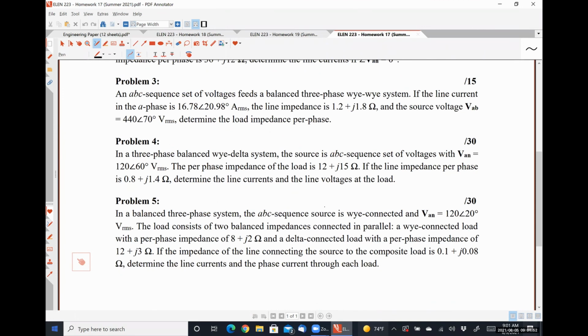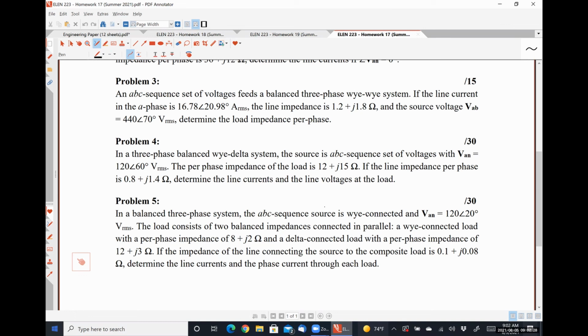Problem 3, we have a YY system. We are given a line current, a line impedance, and a line voltage at the source, and we're asked to find the load impedance per phase. Since it's a YY system, we know that the line current in the A phase is the same thing as the current flowing through the A phase of the load, because it's a Y connected load.